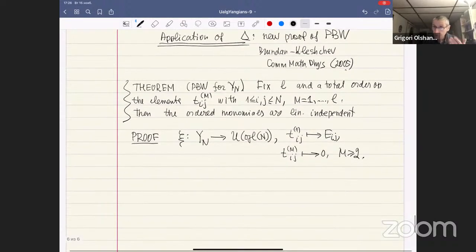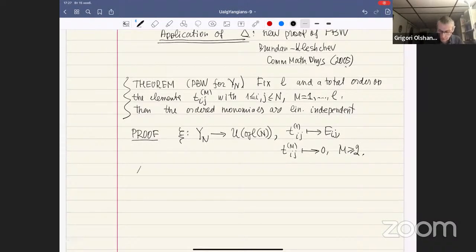And we use this homomorphism combined with the iteration of our coproduct. The idea is to reduce all claims to the level of universal enveloping algebras, to the Poincaré-Birkhoff-Witt theorem for the universal enveloping algebra.